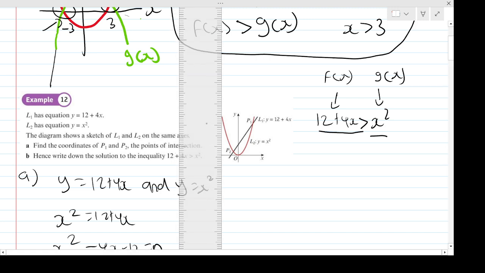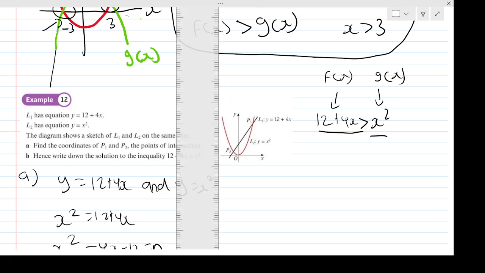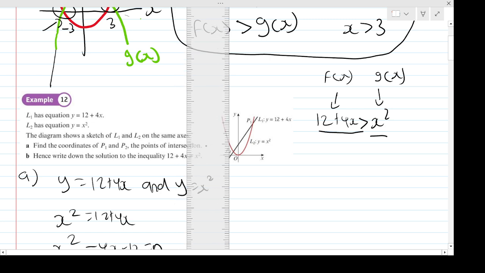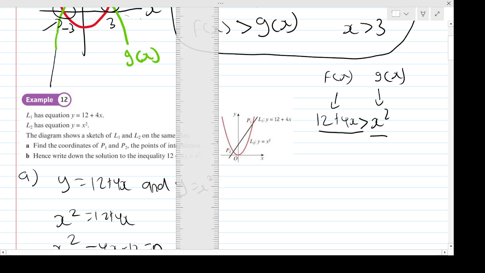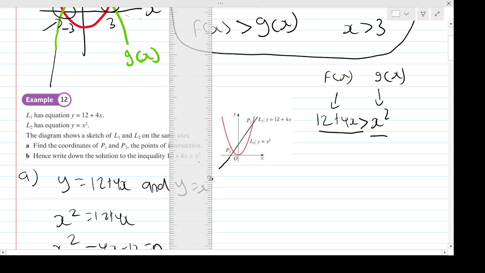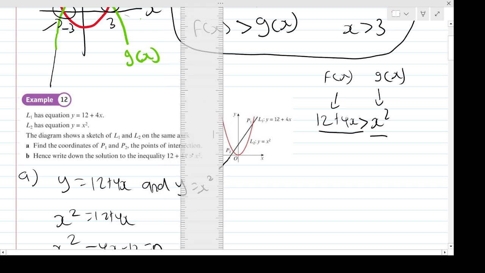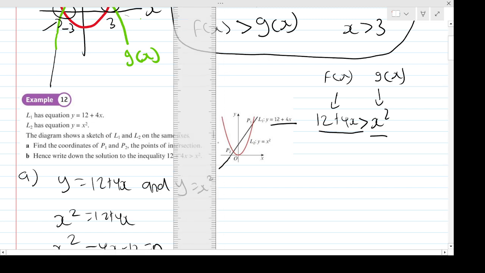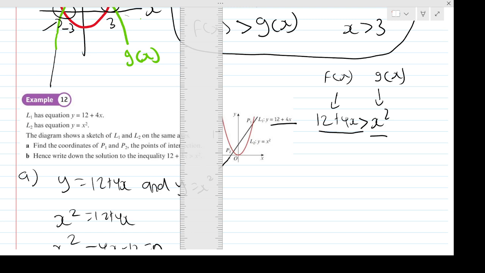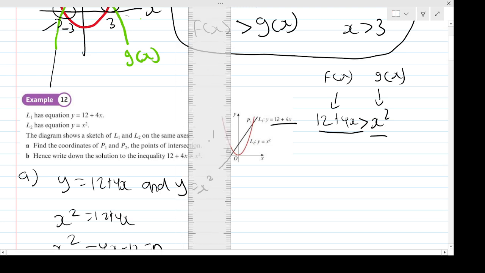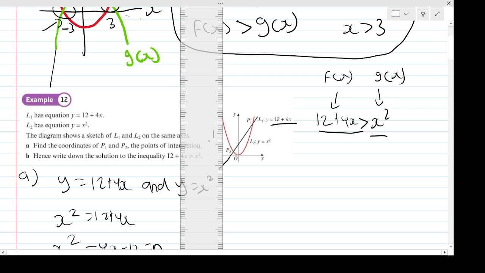Before we get to the first point, P2, if we continue the line like that, hopefully you see that the curve will always be above the line. So that means 12 plus 4x, L1, would be below x squared, so that would not be greater than. So before P2, the line is less than x squared.